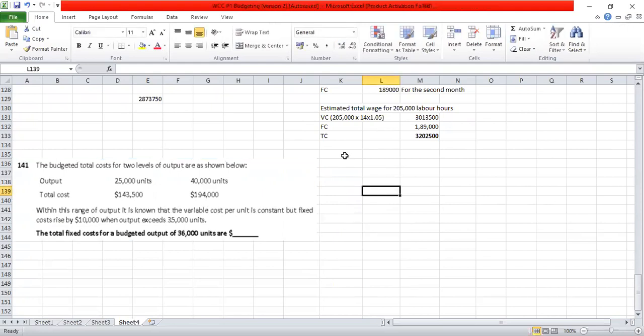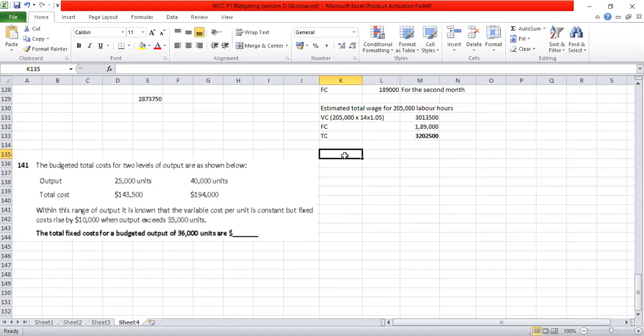Question number 140. The budgeted total cost for two levels of output is as shown below. Output is given as 25,000 units and 40,000 units, and total cost is given. Within this range of output, it is known that the variable cost per unit is constant, but fixed cost rises by 10,000 when output exceeds 35,000. Same logic.